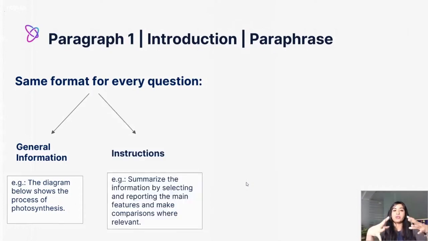And then you'll get the instructions where it'll be something like summarize the information by selecting or reporting the main features and make comparisons wherever relevant. So this is where task achievement comes into play, the criteria, where the examiner will see whether you've answered this instruction. So let's go on to see how we can paraphrase, give examples of paraphrasing.